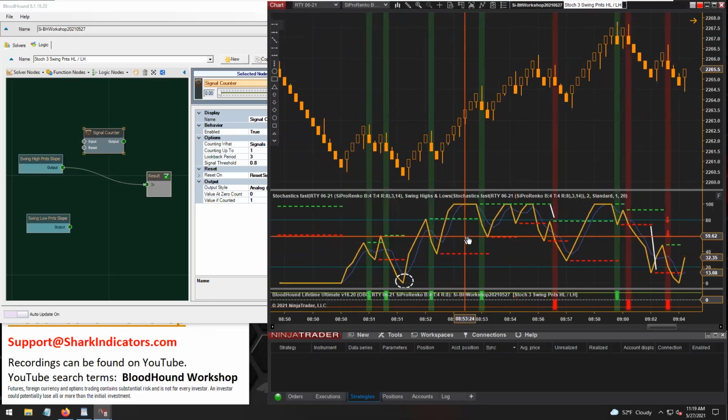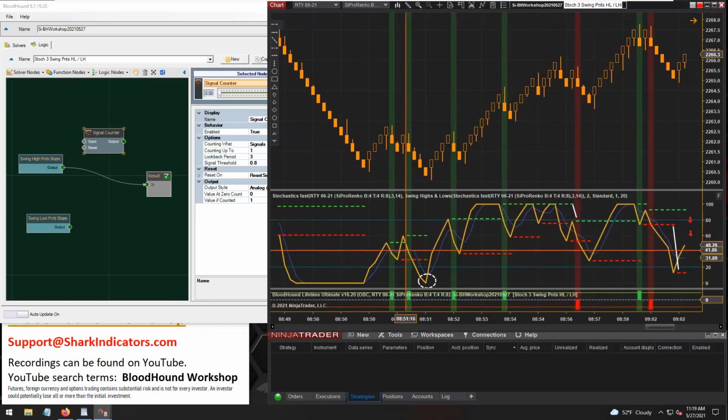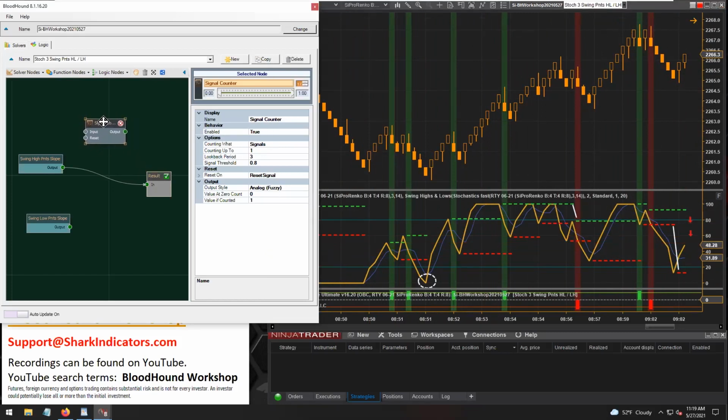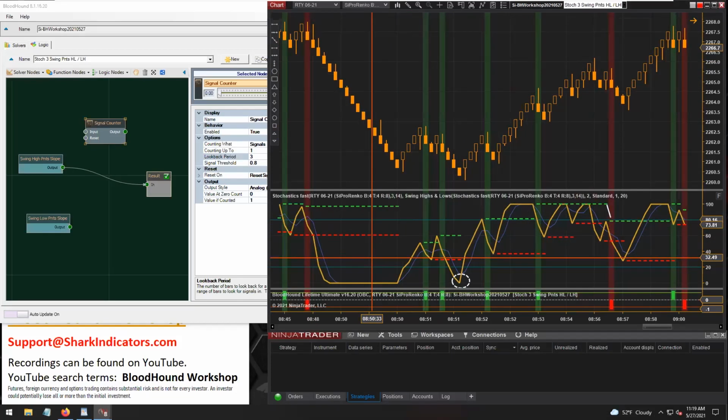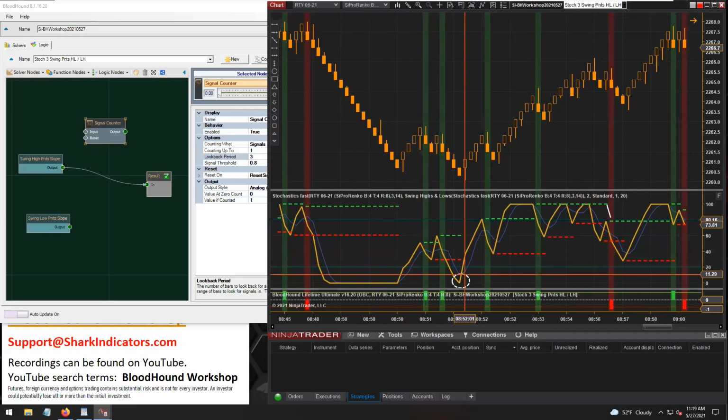But what I'm contemplating is, the one thing about using a signal counter is you have to have a limited lookback period. So the main concern is, how far back does your lookback period need to be? And so in some cases, what am I looking at? I'm looking at the swing highs.